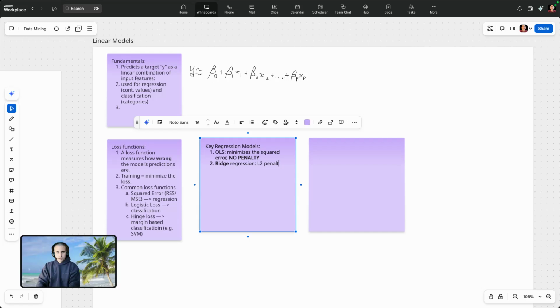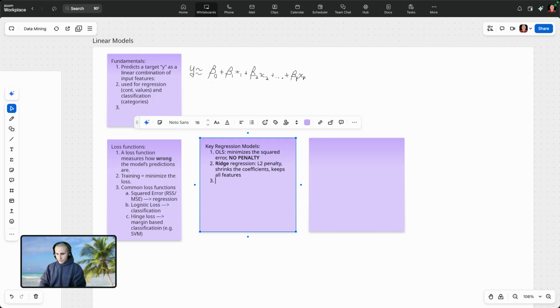That's what we call it. It shrinks the coefficients and keeps all features.